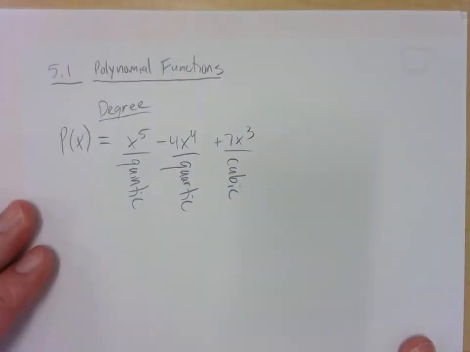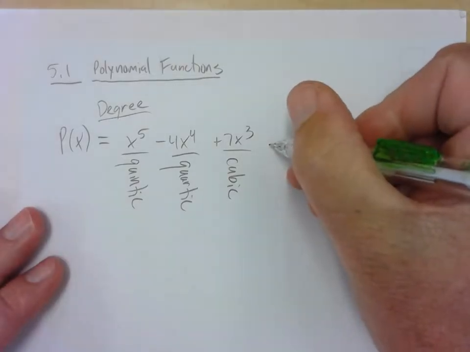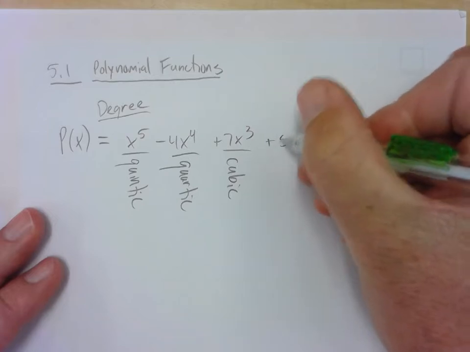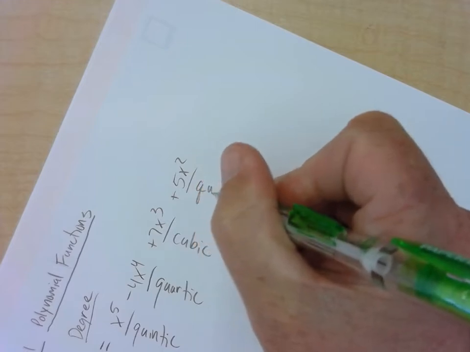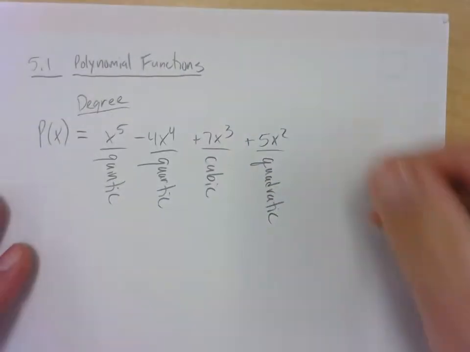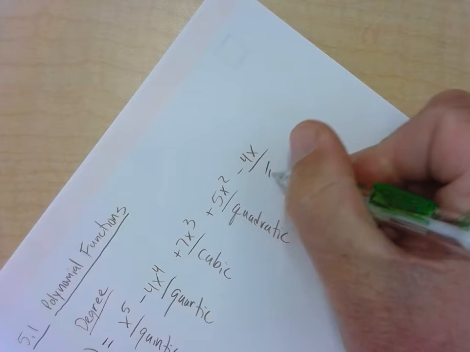And then the rest of them we studied before. The quadratic term, which is the x squared. I'll do a plus again, plus 5x squared. So that's the quadratic term. And they'll throw a minus in this one, minus 4x, so that's the linear term.